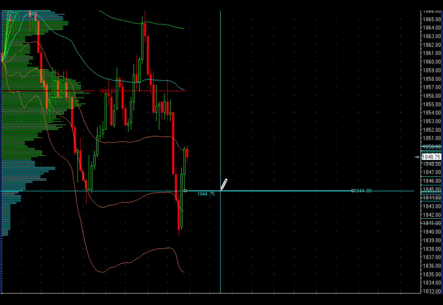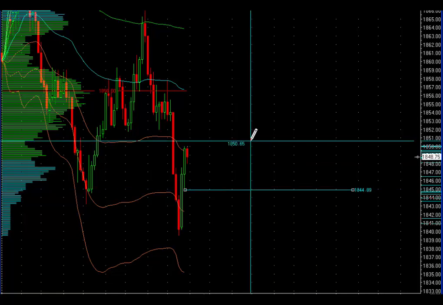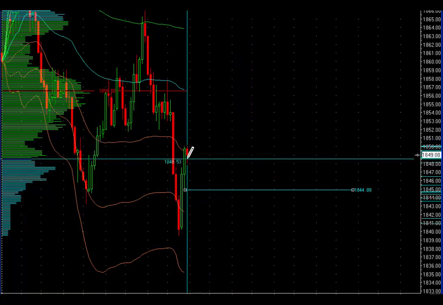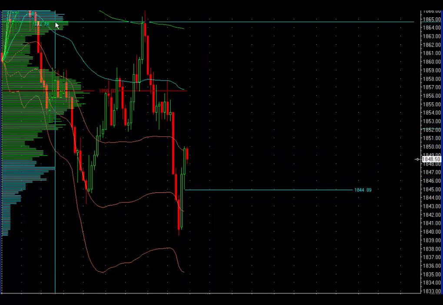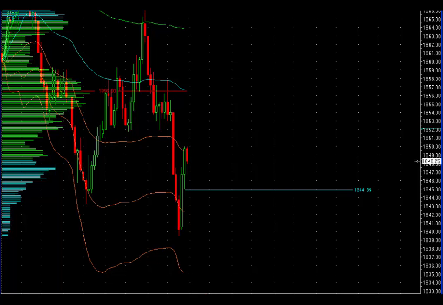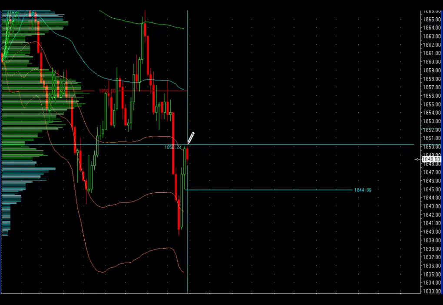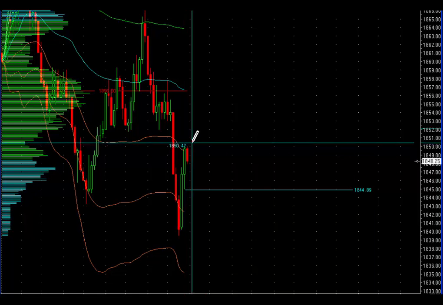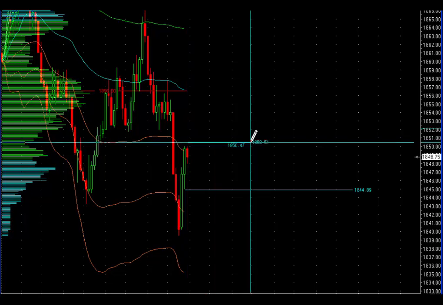So here would be our entry for a short, and we're waiting for this down bar to complete, in which case we would wait for the next bar and take an entry at 850.50 on the upside.